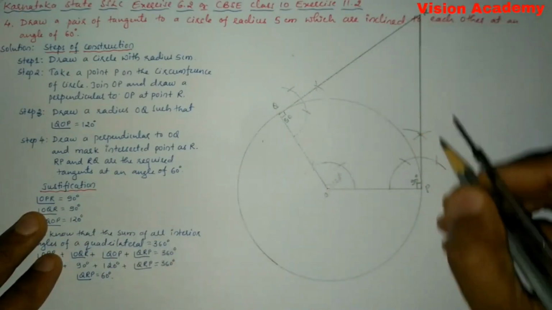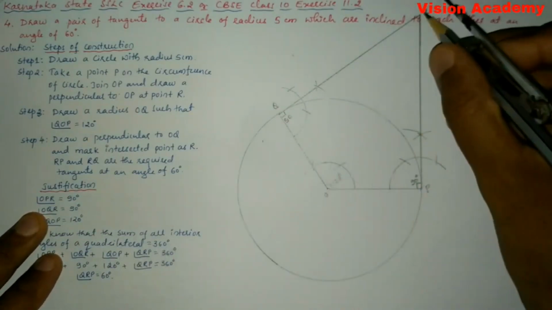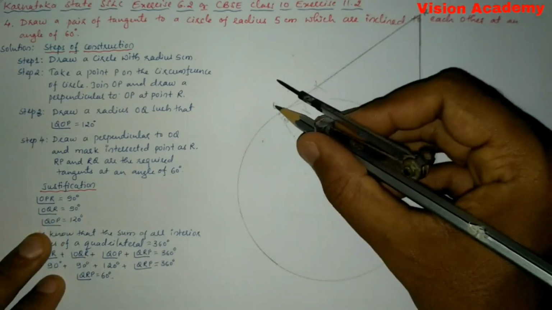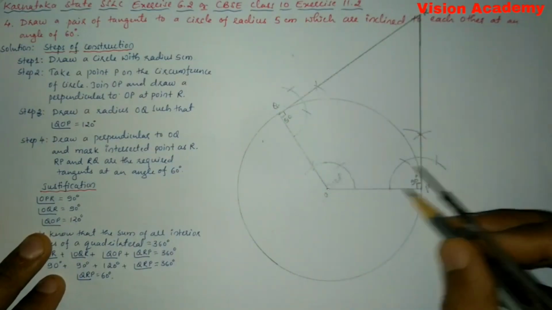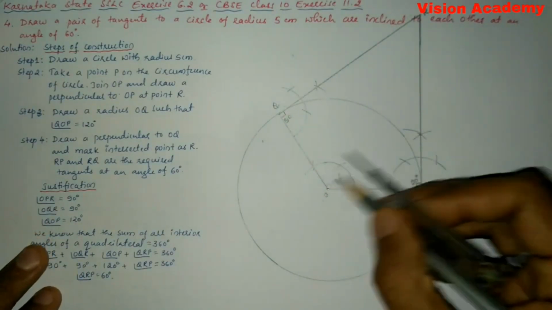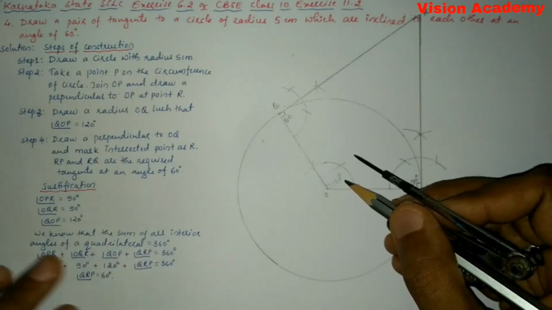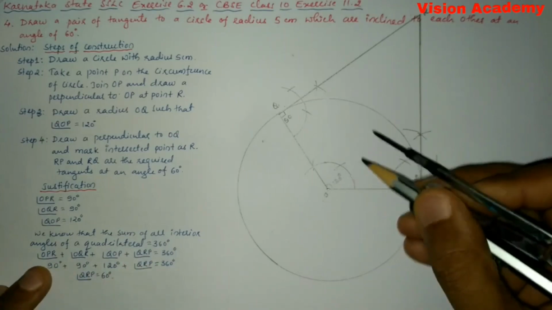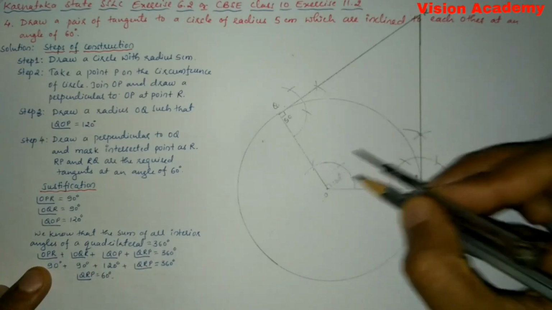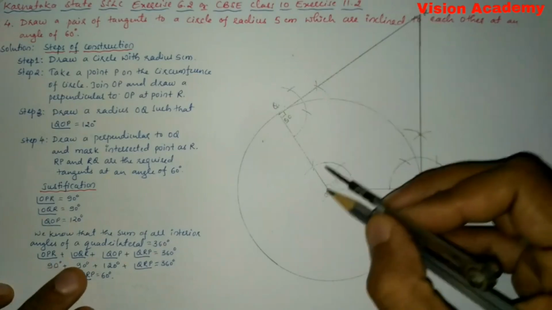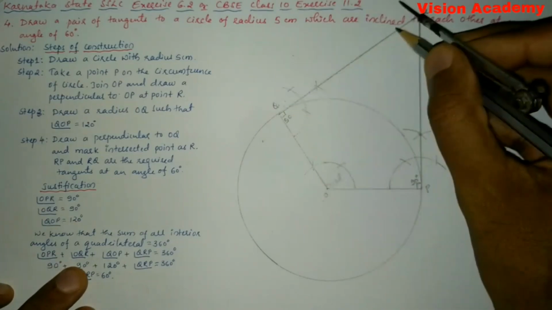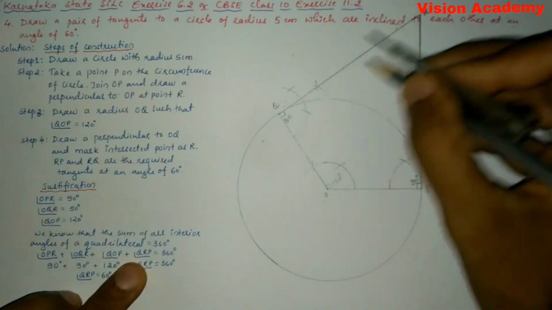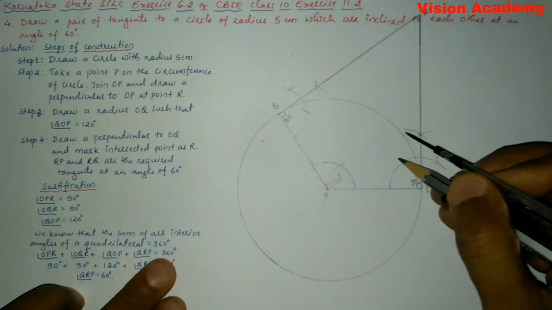Angle OPR is equal to 90 degree and OQR is also equal to 90 degree, and angle QOP is 120 degree from the construction. So we know that sum of all interior angles of a quadrilateral is equal to 360 degree. So here angle OPR plus angle OQR plus angle QOP plus angle QRP is equal to 360 degree.